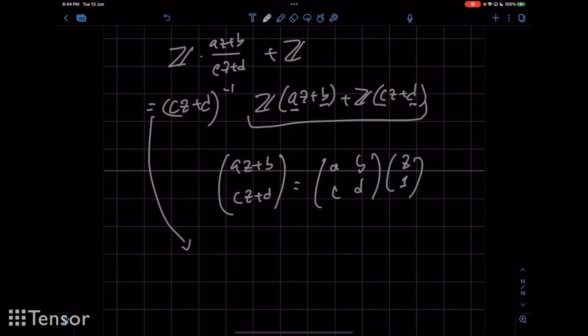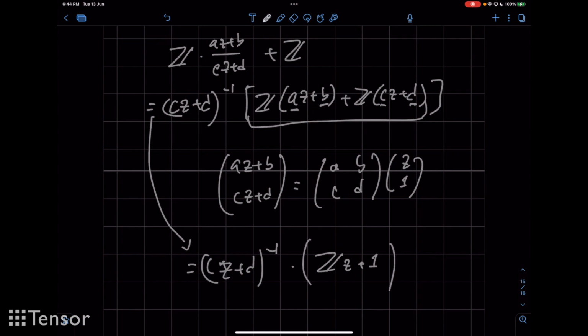So this is equal to (cz plus d) inverse times (z plus 1). I think I need to put a parenthesis here. Sorry.